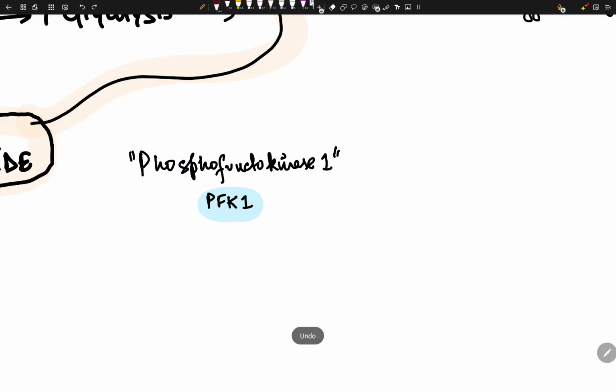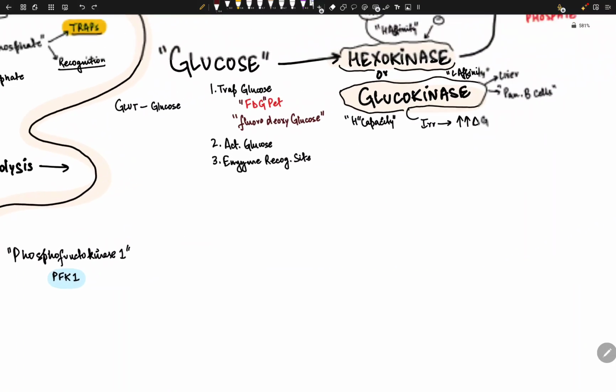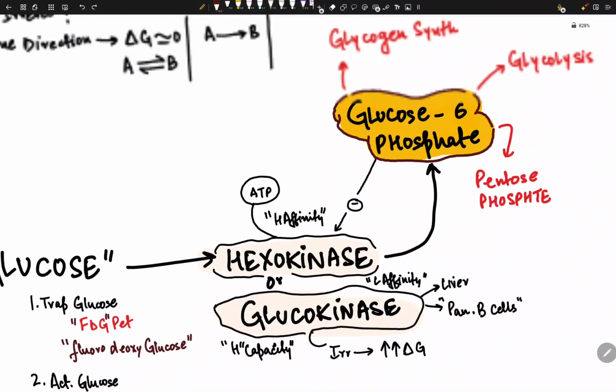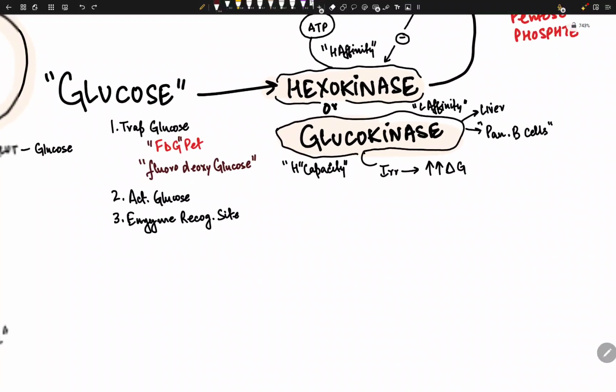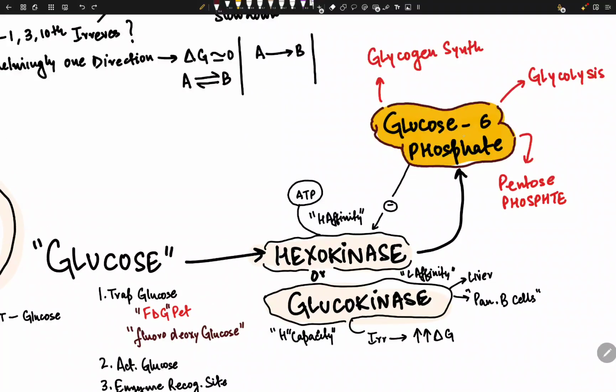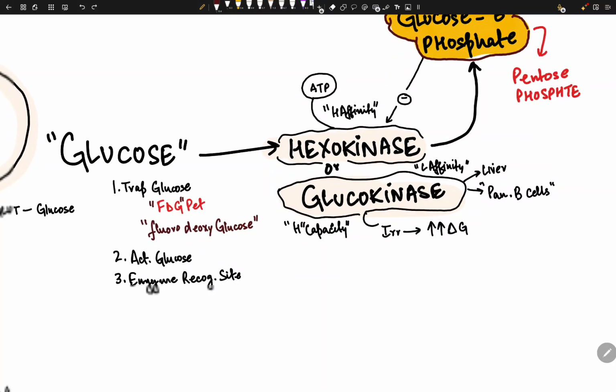Now, what does it do? So we have fructose 6 phosphate, right? This glucose 6 phosphate or fructose 6 phosphate, whatever we have. What happens is that after interacting with it, it adds one more phosphate, okay?